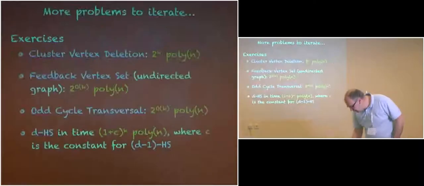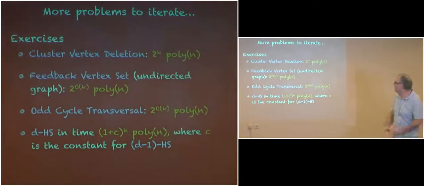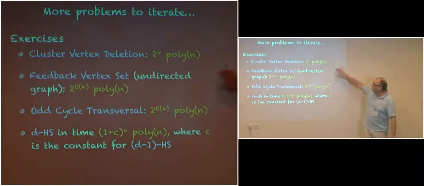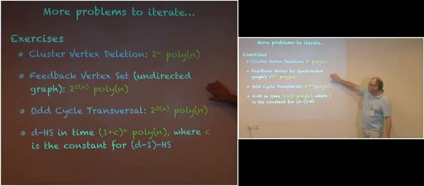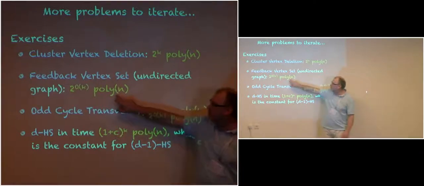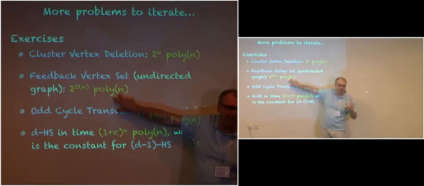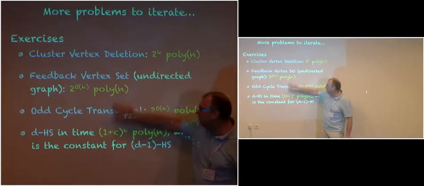If you want to really master the techniques, try to do cluster editing in 2 to the k time. Then feedback vertex set on undirected graphs, try to do it in 2 to the k poly n. But a caution, this is not an easy problem, so you need to think, or you have to get hints here.